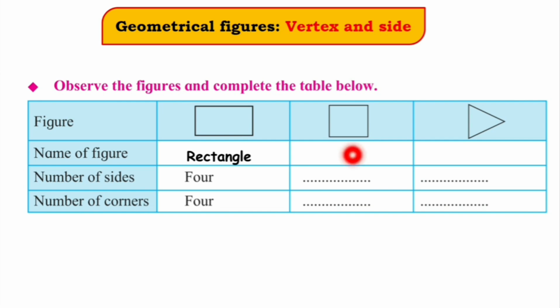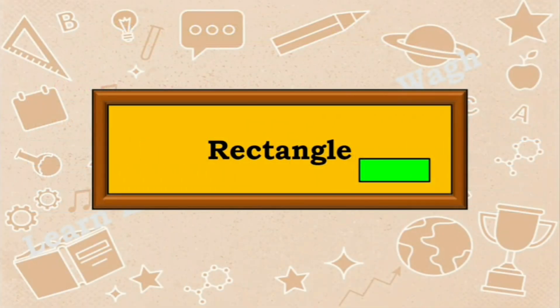Now, the next figure is of square, and a square has 4 sides and 4 corners. And the next figure is of triangle, and triangle has 3 sides and 3 corners. Let's learn something more about rectangles.